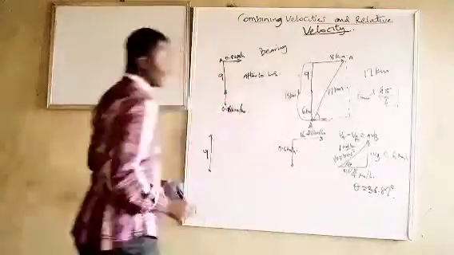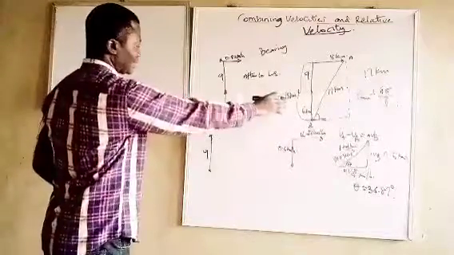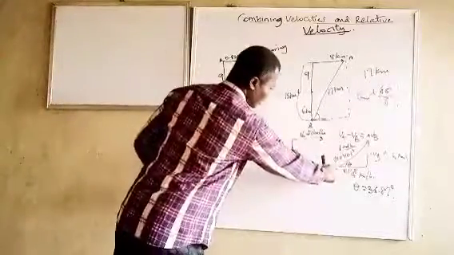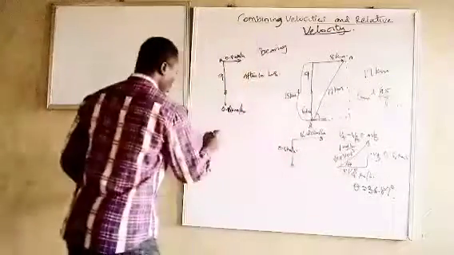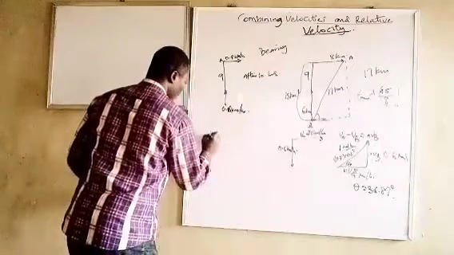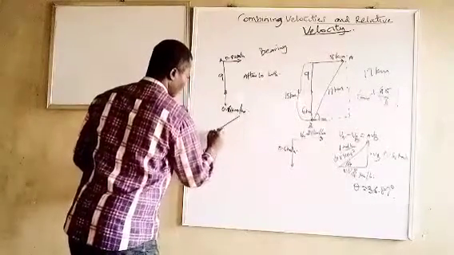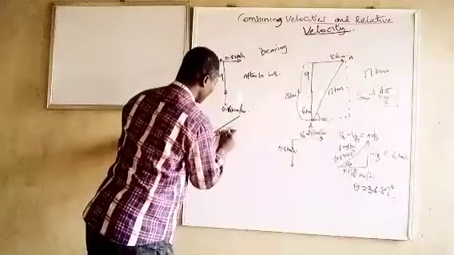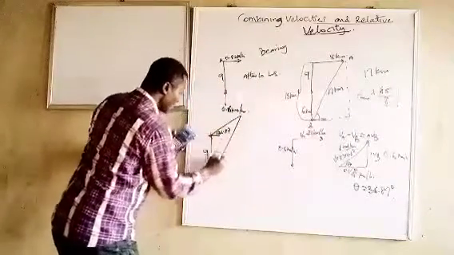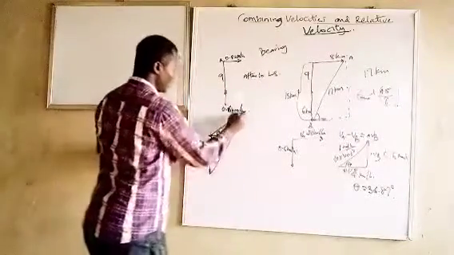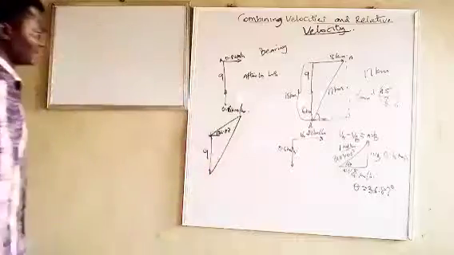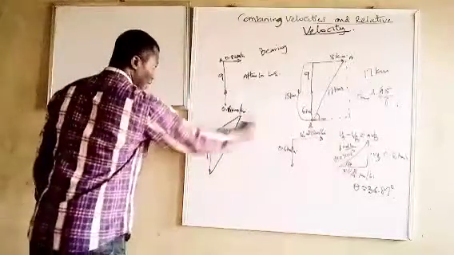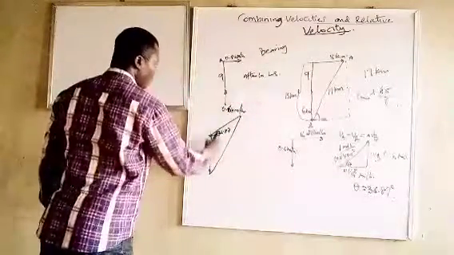So now, to have the final distance, we will add this one in that direction. So we have it like this, 36.87. So this will now be the final distance of A from B.